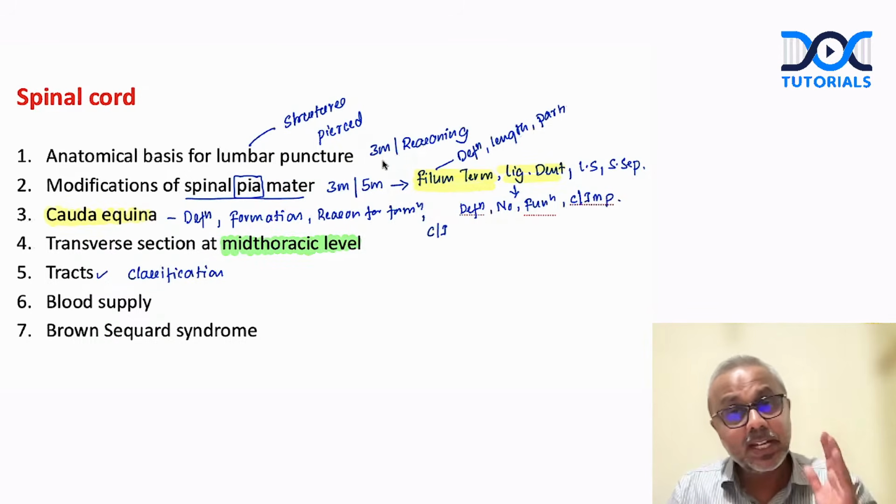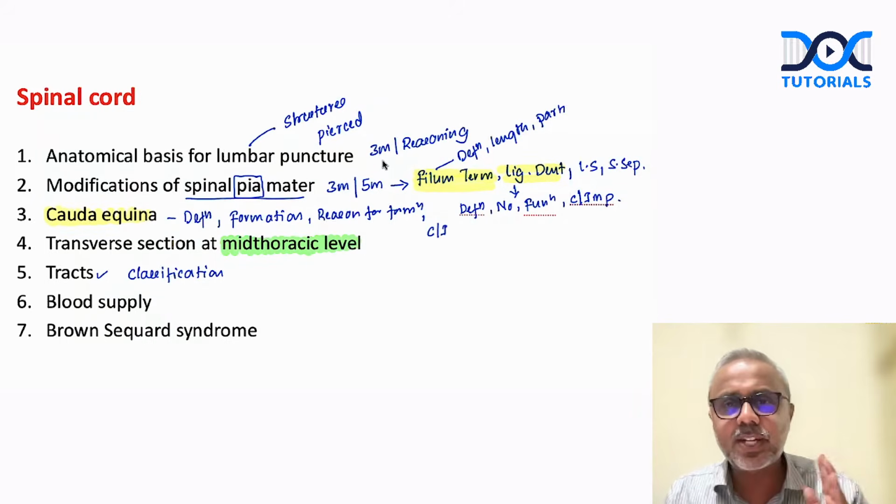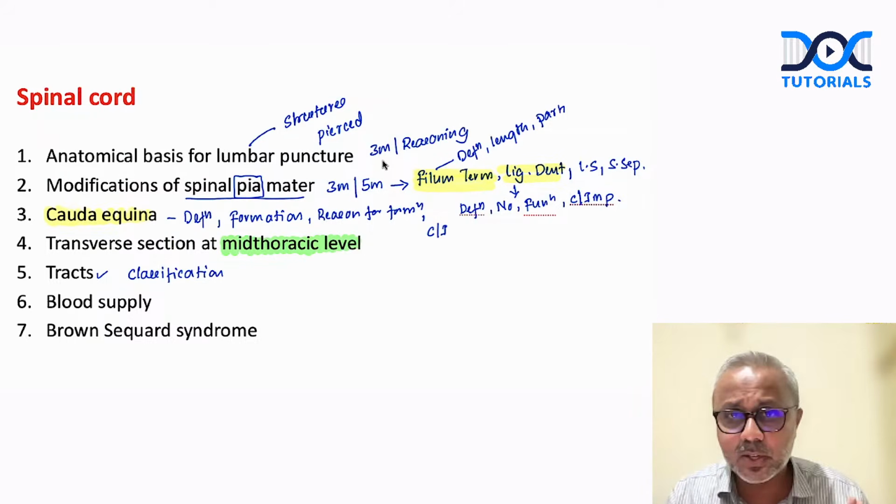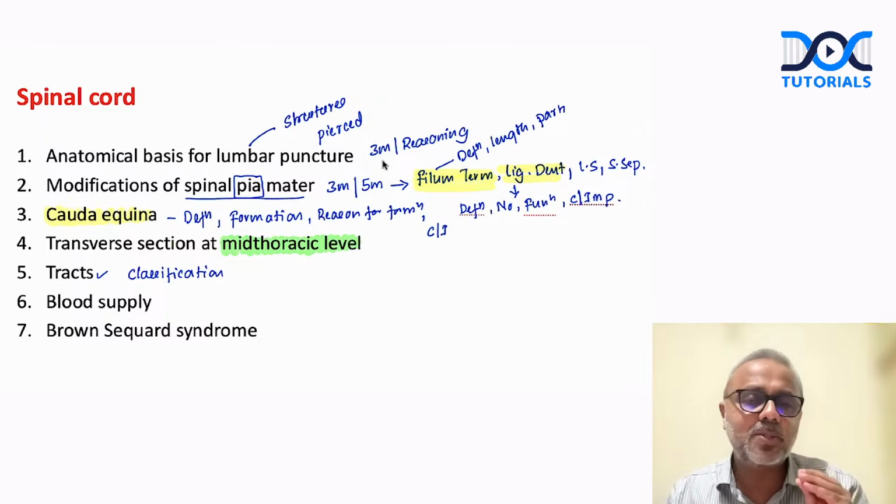Okay. Then in the descending tracts, learn about the pyramidal tract thoroughly. In the ascending tracts, learn about the dorsal column, then the lateral spinothalamic tract, the ventral spinothalamic tract, and possibly a little bit about the spinocerebellar tracts.